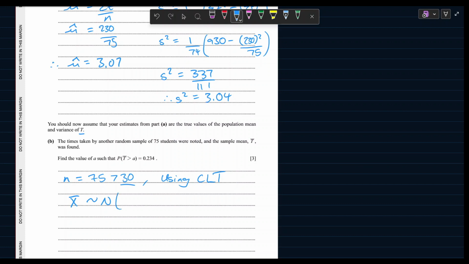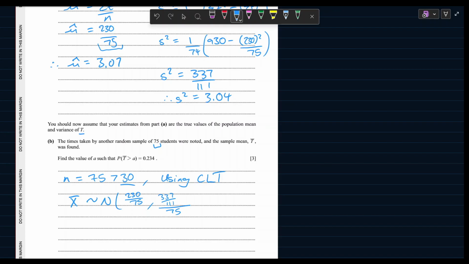And our mean is going to be our estimate here. I will use the exact value, 230 over 75, and then our variance, 337 over 111, but this has to be divided by the sample size, which is 75.